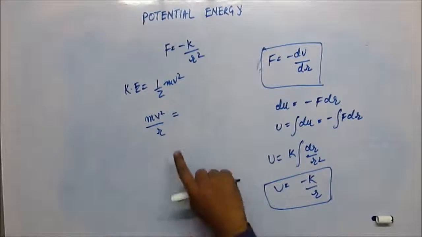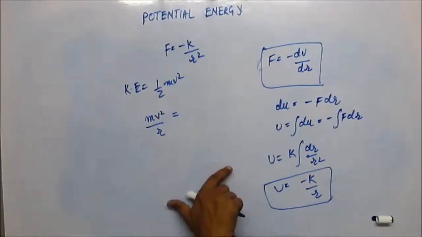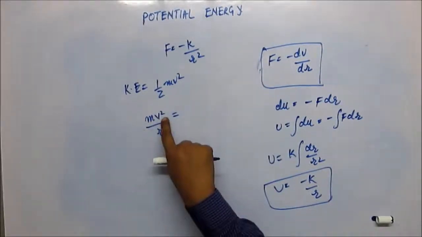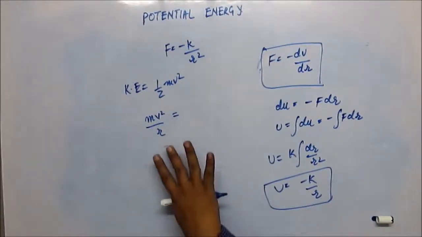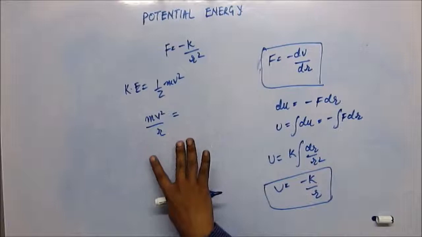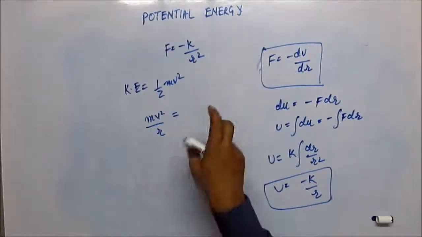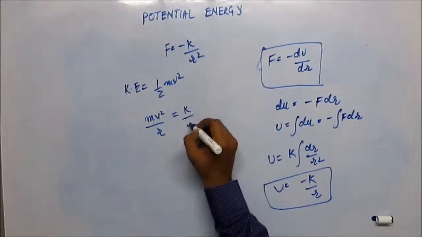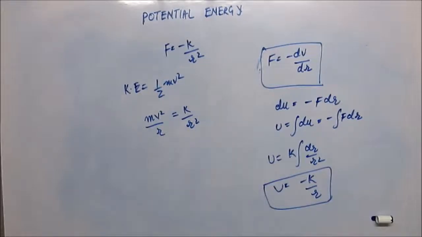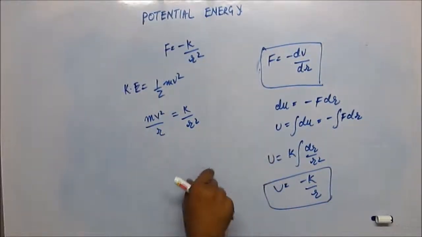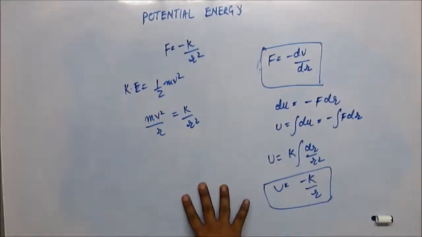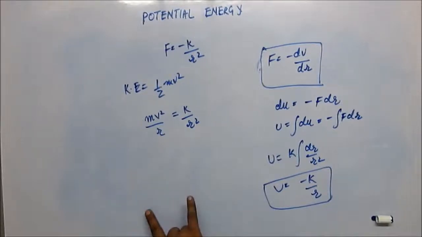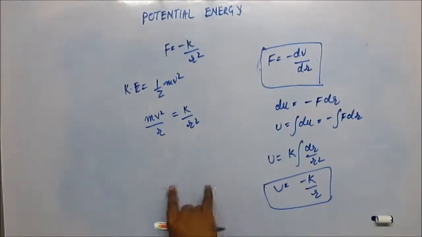Better would be to equate just the numerical value, because mass is positive, this v squared term will be positive, and on this r we have not put any sign. So mv squared by r actually numerically should be equated to K upon R squared. You may not feel very convinced, but actually if you take negative, then the result will be absurd. The result would give you that kinetic energy would come out as negative, and I'll show you that.